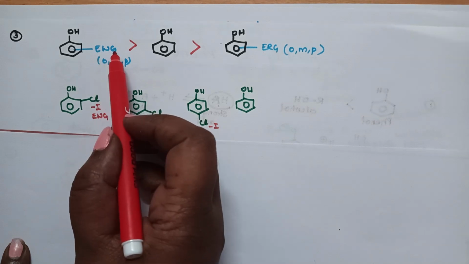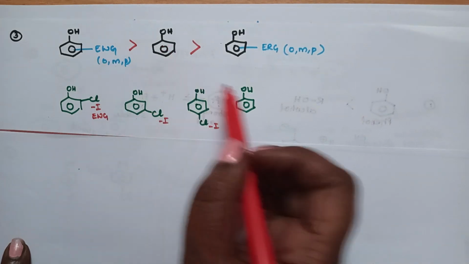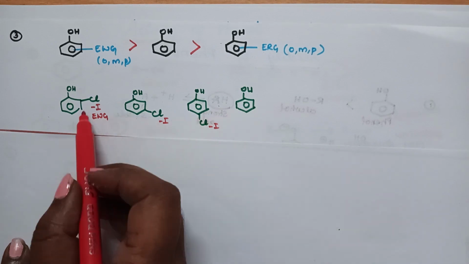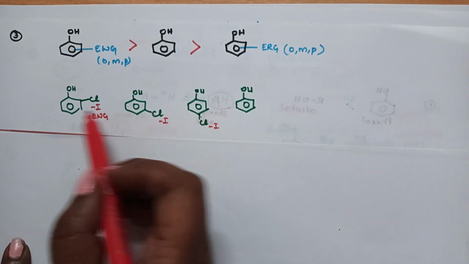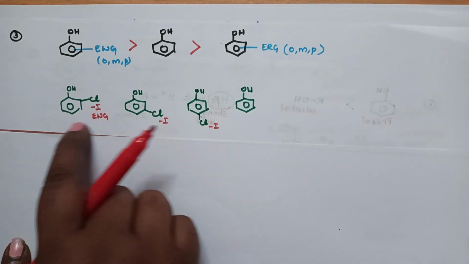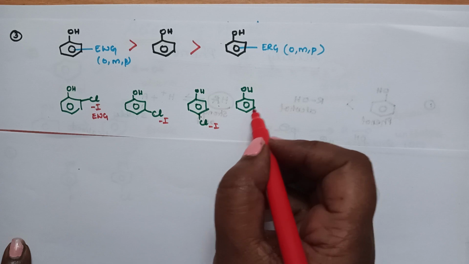So electron withdrawing group, if it is present, it will be more acidic than phenol. So here phenol is there. So here you can see electron withdrawing group in all the three structures. Therefore all these three will be more acidic than phenol. So phenol will be last.